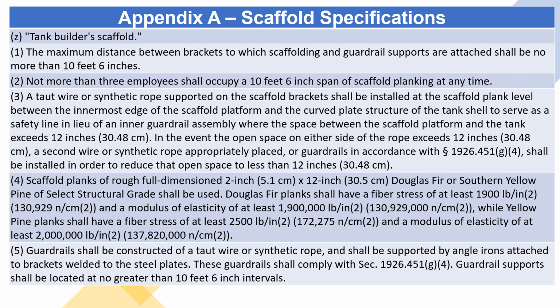4. Scaffold planks of rough full dimension 2 inch, 5.1 centimeters, by 12 inch, 30.5 centimeters, Douglas fir or southern yellow pine of select structural grade shall be used.